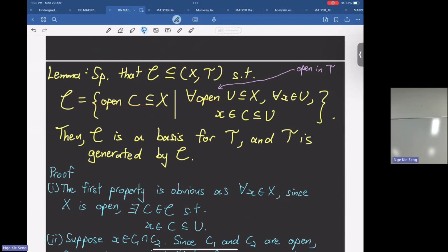But we're going to see in a real example later that one topology will have different bases. In that case, you can merge all the basis elements together, still satisfy this property, and still form a basis. So that means this property doesn't pick up the smallest basis. Does it make sense?